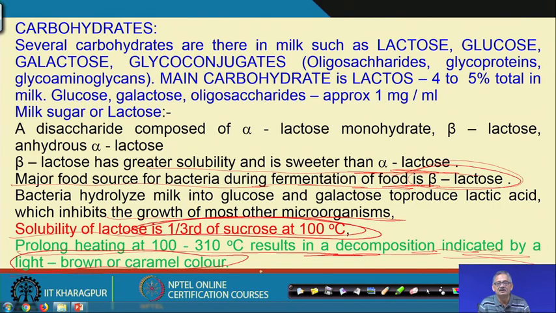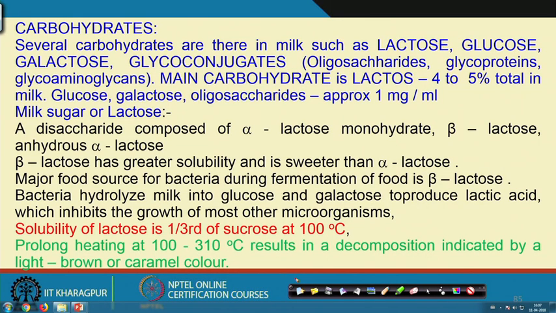That light brown caramel color, as we said earlier, is primarily due to caramelization, the browning reaction.